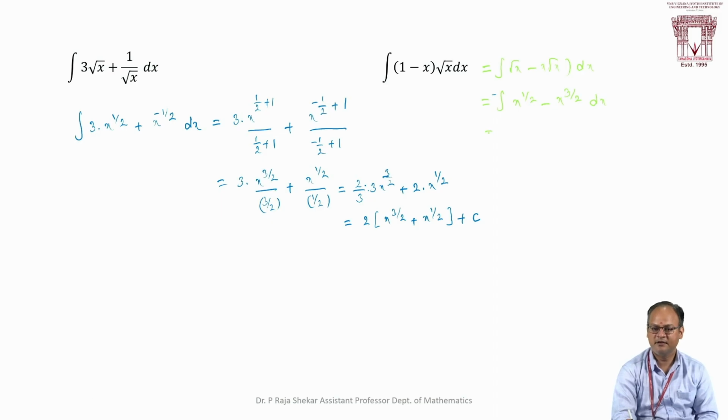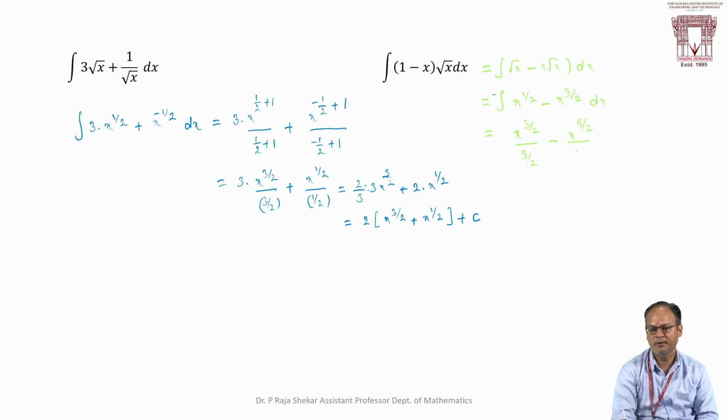Now just as in the previous example, we have n as 1 by 2 in the first term and 3 by 2 in the next term. So the formula is the same. What is that? x to the power n plus 1. So 1 by 2 plus 1 is 3 by 2, divided by 3 by 2, minus x to the power 3 by 2 plus 1. What is 3 by 2 plus 1? 5 by 2.